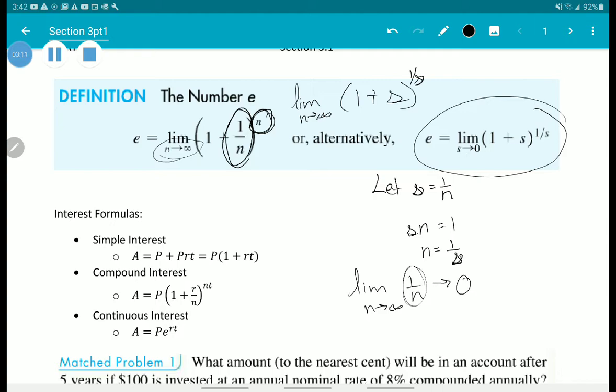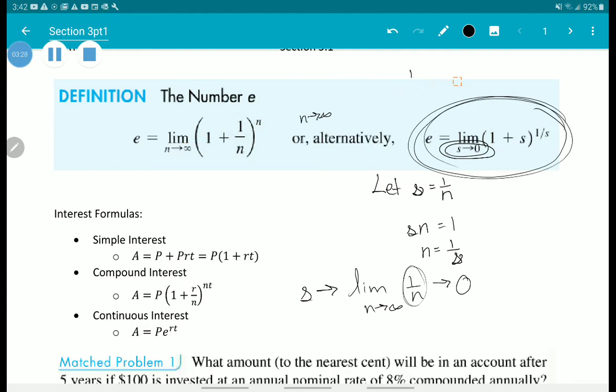So s is going to have to head to 0 there. Just making those simple substitutions gives us a definition that is equivalent to what we started with.